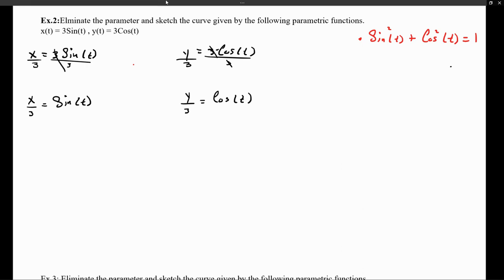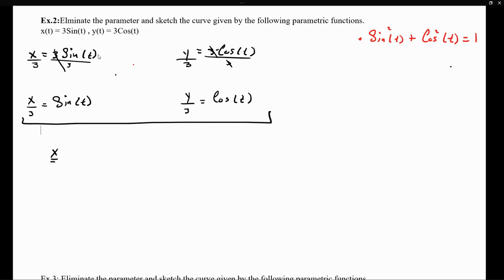So I can substitute the sine: x squared, because that is my sine, plus my cosine squared, which is y over 3 squared, is equivalent to 1.